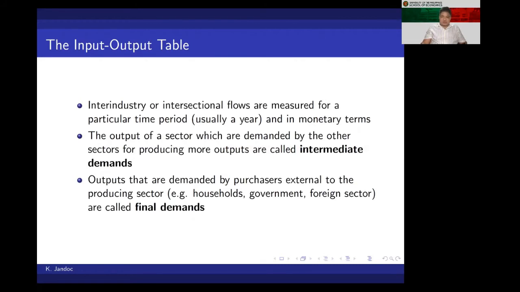So this is the output of the sector that goes to other sectors, called intermediate demand. And the part of the output that is demanded by households, the government, and the rest of the world through exports is called final demand. So we have intermediate demand and final demand. Those are the two types of demands in this model.